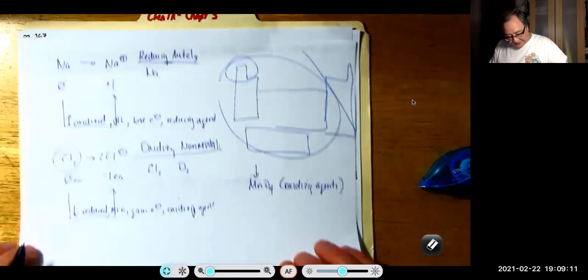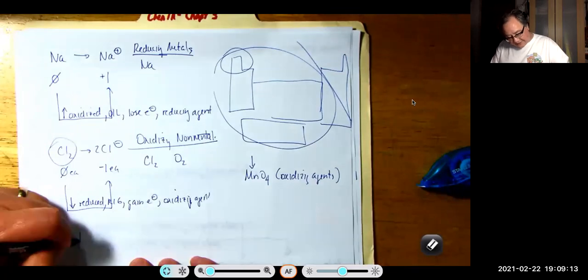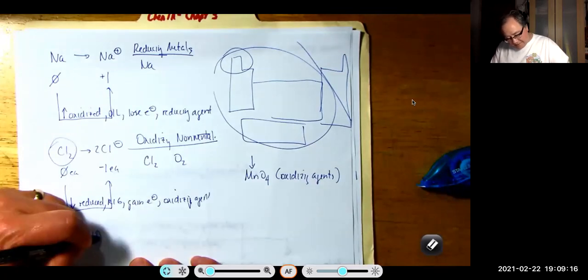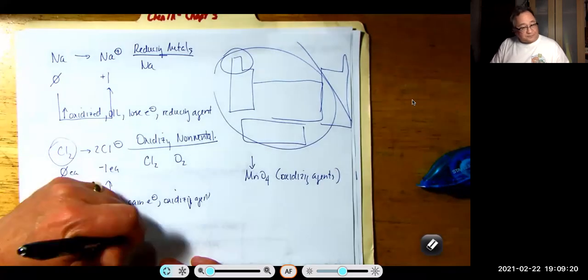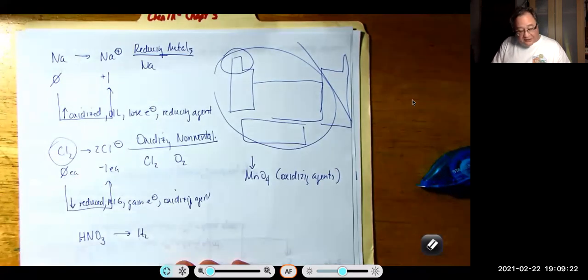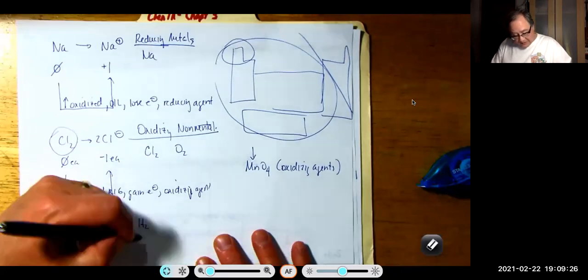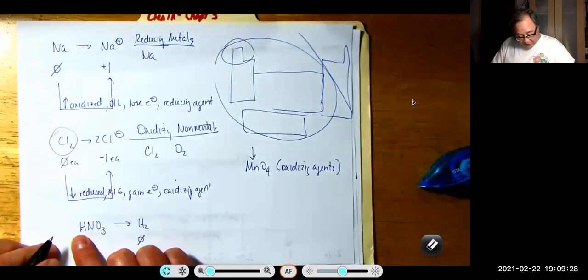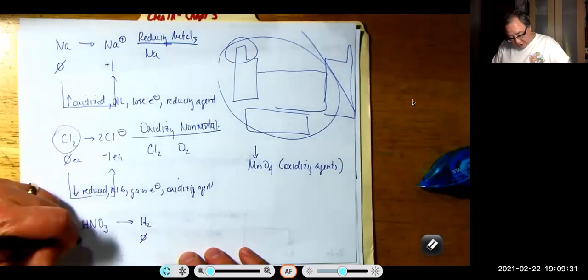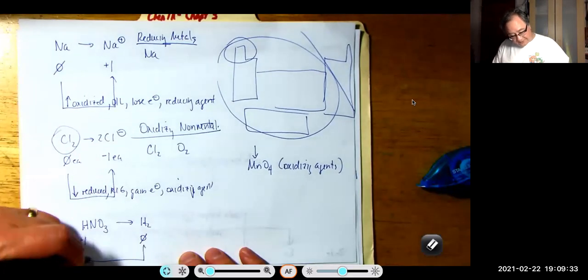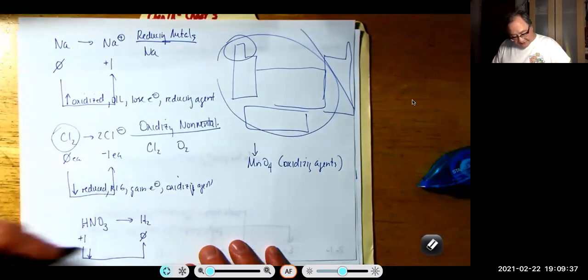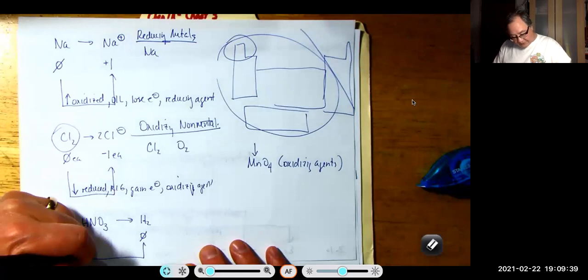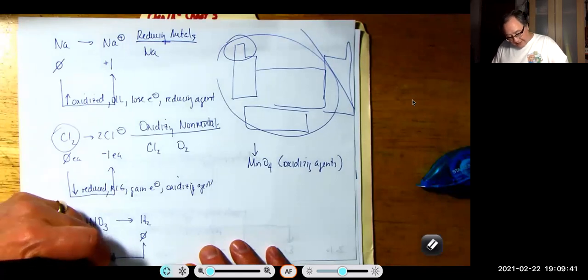Now, what about acids? In acids, what often happens is these hydrogens become H2. So what's the oxidation number of a hydrogen in H2? It's 0. A hydrogen in HNO3 is a +1. So this guy decreases. And that means it's reduced. It's rigged.